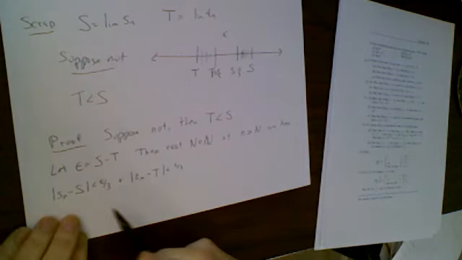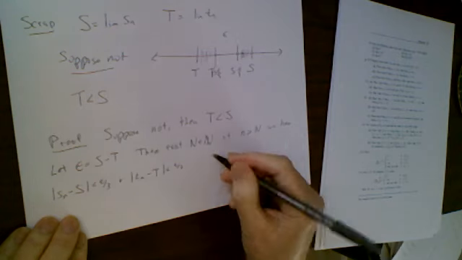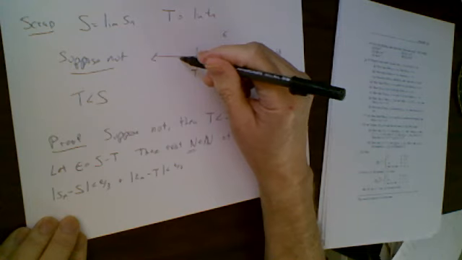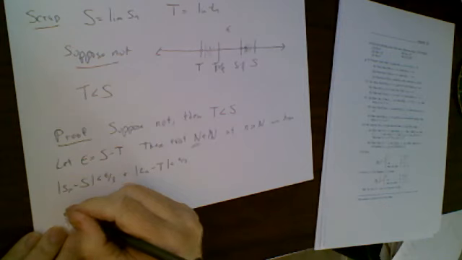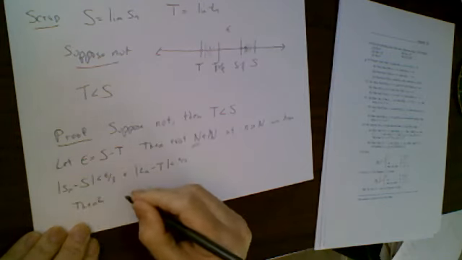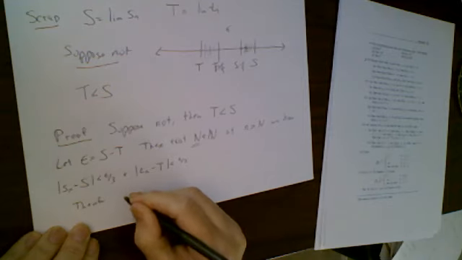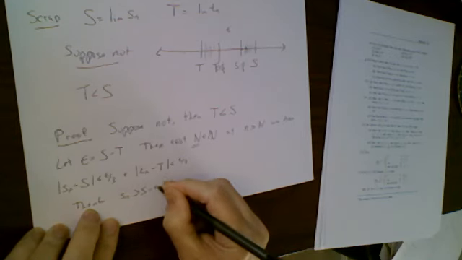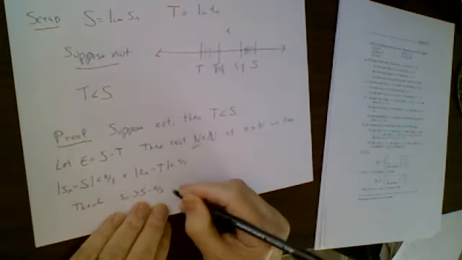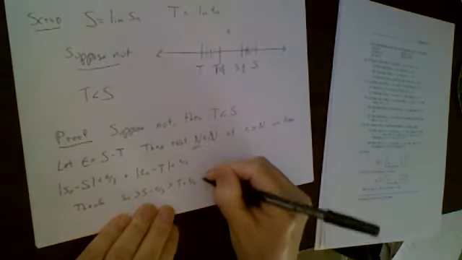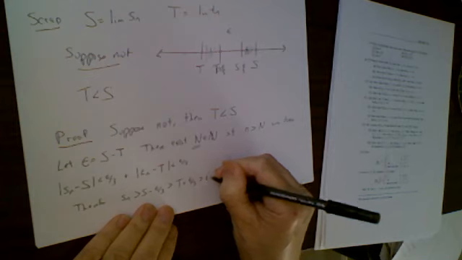So again, if you're past this wall, all the T's are to the left of here, all the S's are to the right of here. So this means, therefore, the S sub n's are bigger than S minus epsilon over 3, which is bigger than T plus epsilon over 3, which is bigger than the nth term.